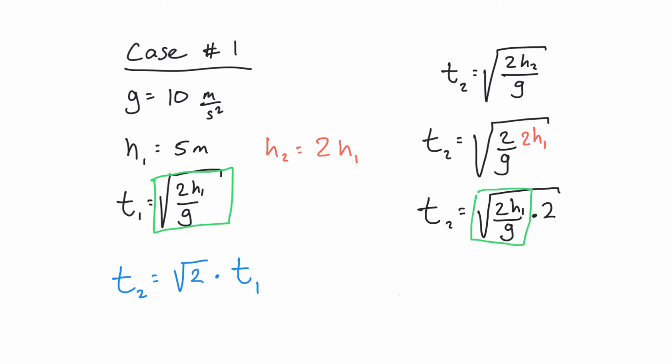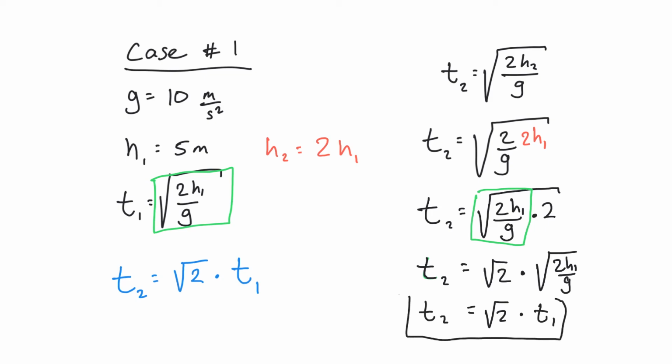And if you're good with your square root math, you'll then be able to show that T2 is equal to the square root of 2 multiplied by the square root of 2h1 over g, and that expression there is just T1. So we get root 2 times T1, and there we have it.